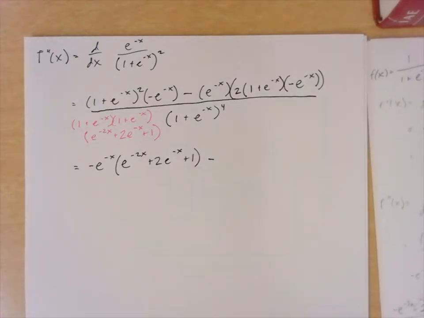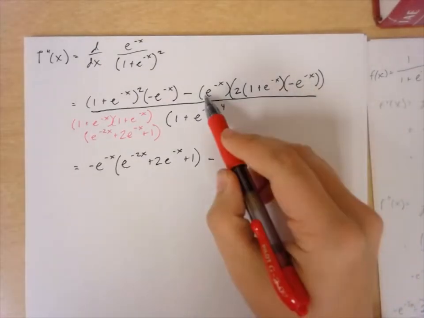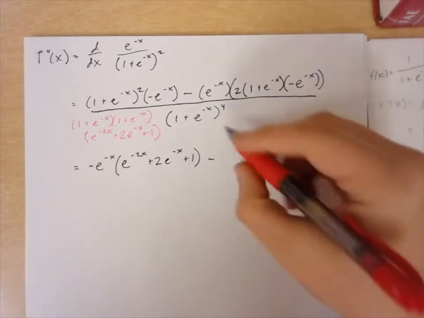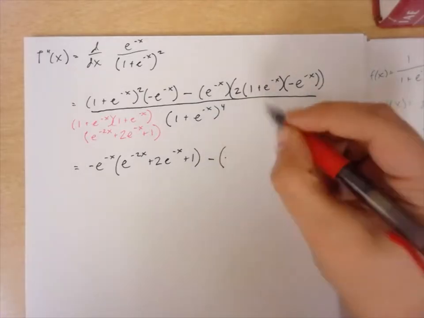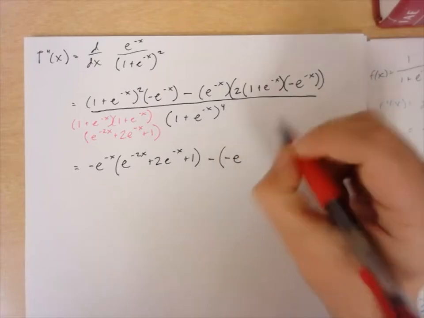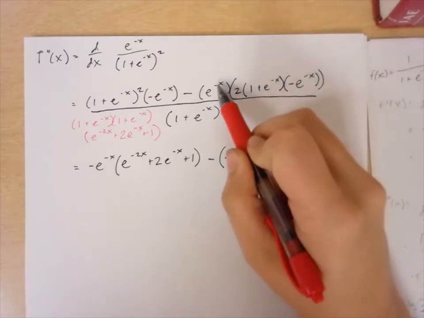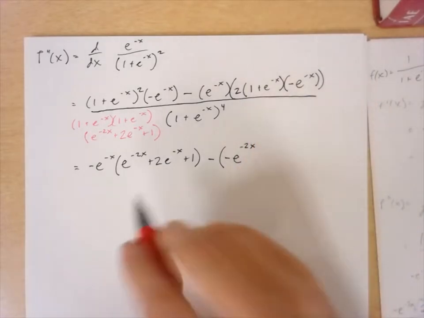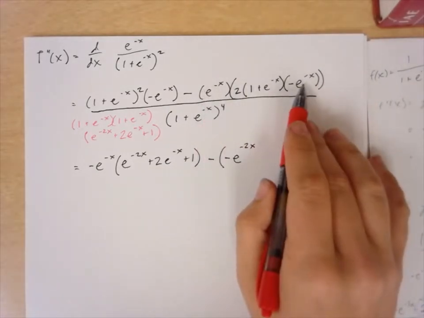and then I get to do some really fun stuff. Right here on the outsides, an e to the negative x times a negative e to the negative x is going to get me a negative e, and then I add the exponents. A negative 1 minus 1 is a negative 2x, so that's the outsides there.